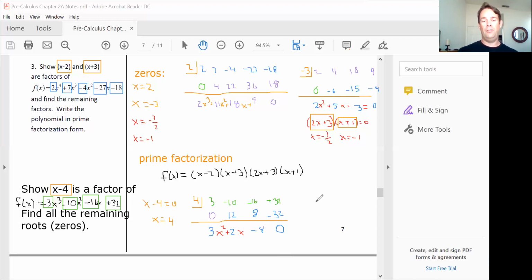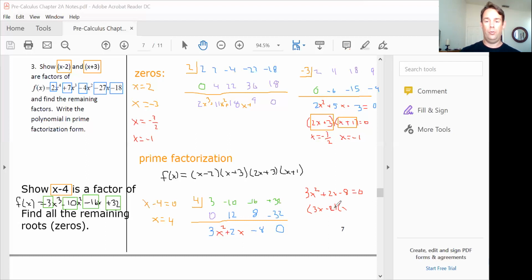Notice it goes in evenly. So to find my roots, 3x squared plus 2x minus 8. And you guys are going to factor. So box and diamond, maybe use the quadratic formula, whatever works for you. Does not matter. You can take your pick. Let's see here.